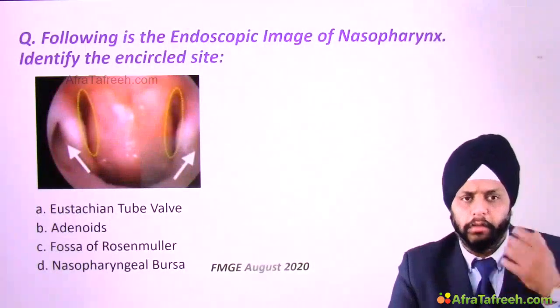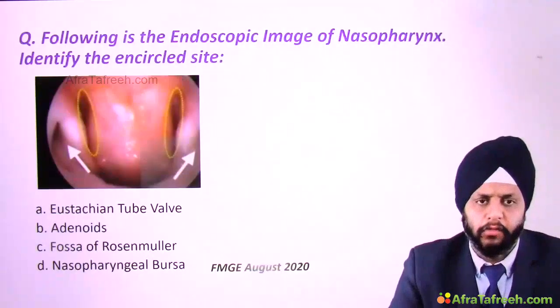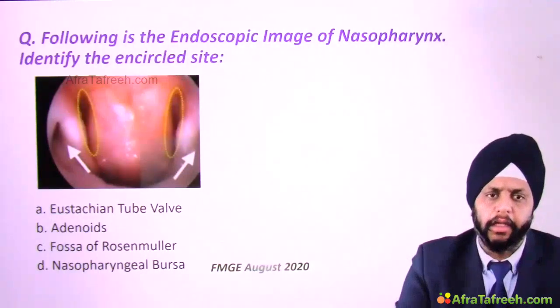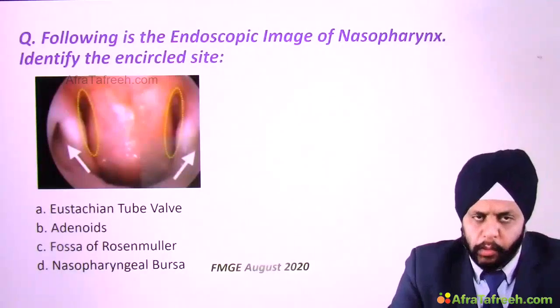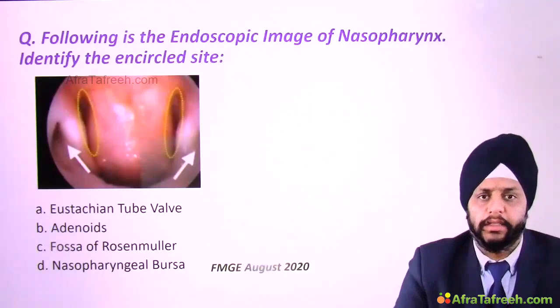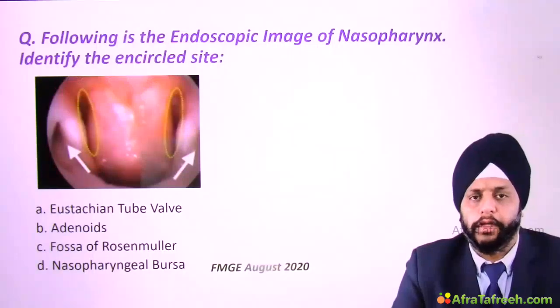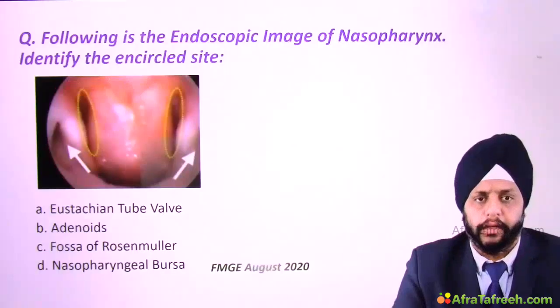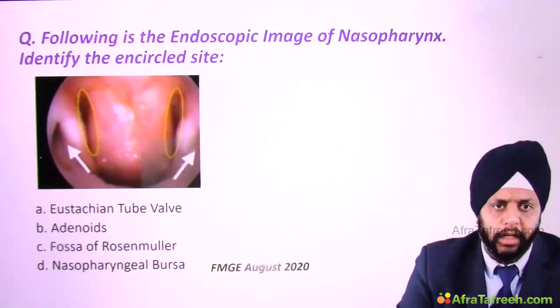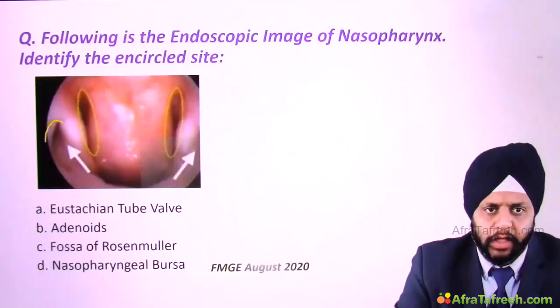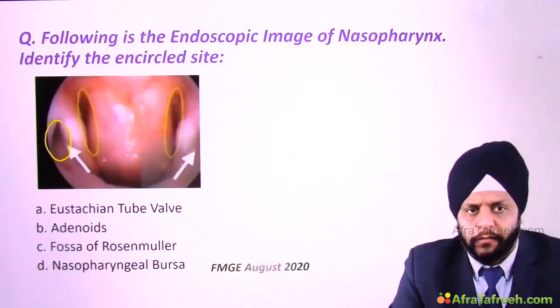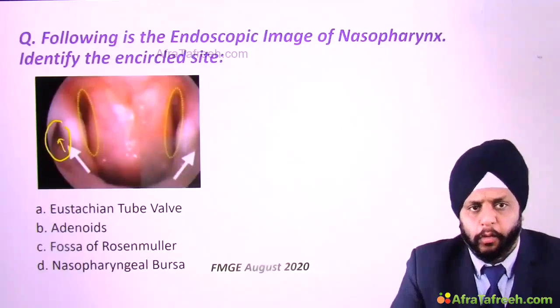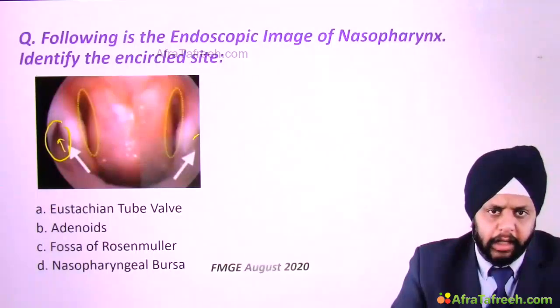All right, now let's come to this question. As I was telling you, questions are very common over here. This question was asked recently in the FMG August 2020 exam. Following is the endoscopic image of the nasopharynx. Identify the encircled site. You can see in this image that this is the nasopharynx, and they have shown the right side eustachian tube opening, with the left slightly coming into the picture.